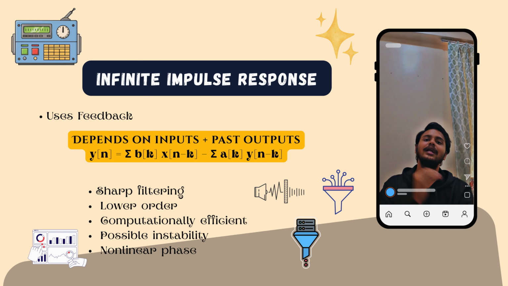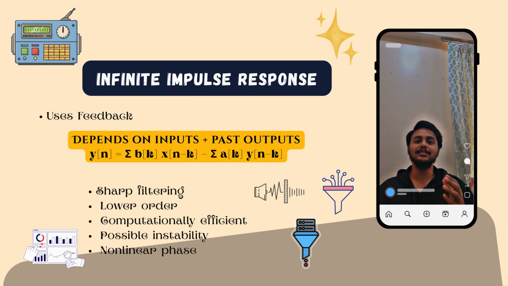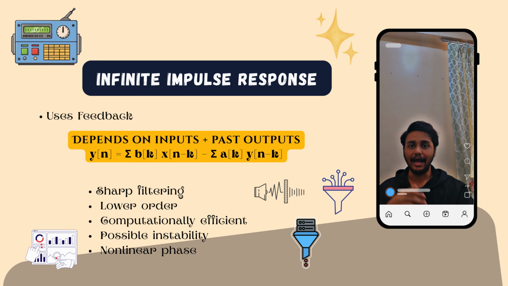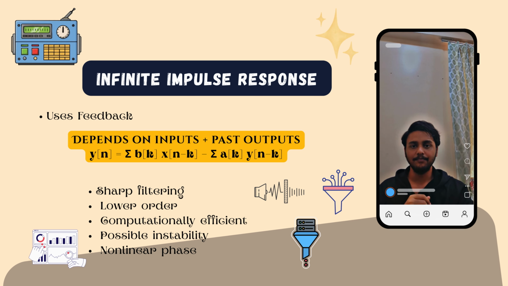Now let us look at IIRs. IIR stands for infinite impulse response. If you apply an impulse input, the output theoretically continues forever. Why? Because IIR uses feedback, and the output of an IIR depends on the current input, past inputs and past outputs as well.